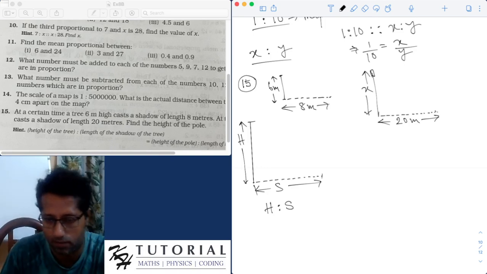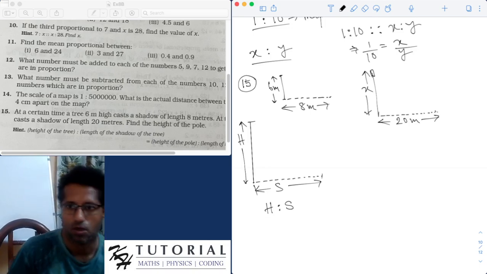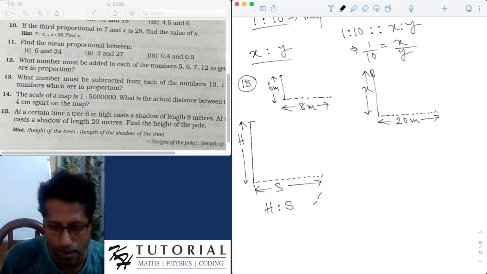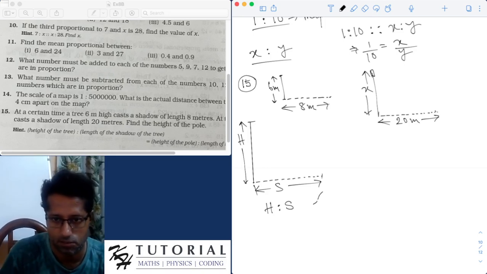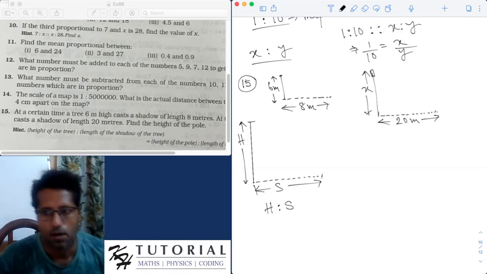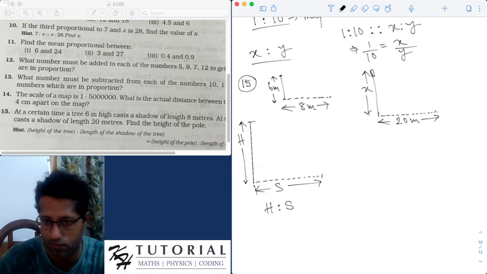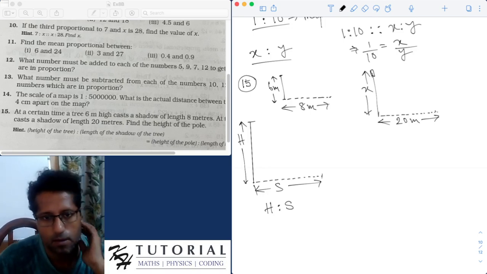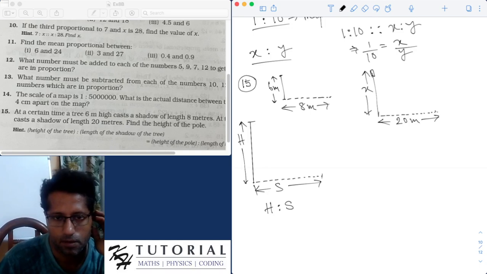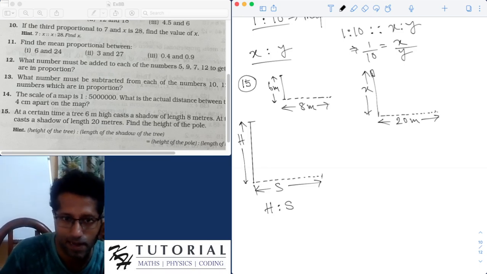This is the fundamental law of shadows. It's a concept of light, a concept of physics, which I cannot explain here. The concept is that the ratio of the height of the actual object and its shadow is always the same at a particular time.